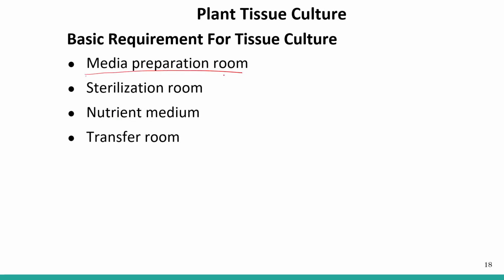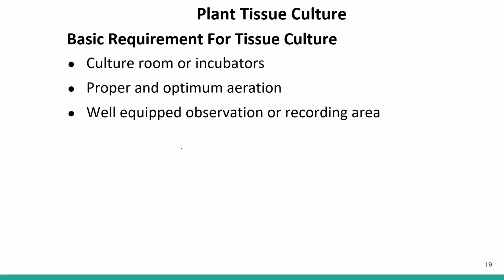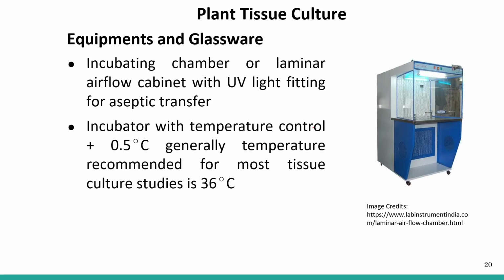There should be a separate media preparation room, meaning a nutrient media preparation room, sterilization room, nutrient medium, and transfer room. Culture room or the incubators, you require some incubators also, proper and optimum aeration, and a well equipped observation or recording area. So these are some of the basic requirements in this tissue culture technique.